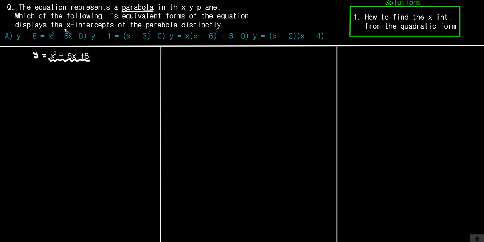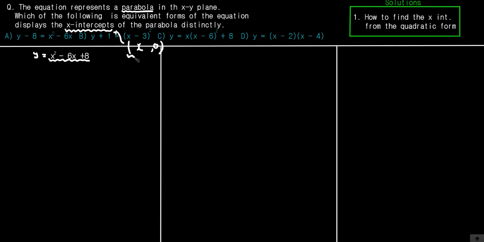First of all, let's think about what an x-intercept is. If you think about the basic format, as you have learned in a lot of videos, the x-intercept is the case when the y value is equal to 0 and the x value exists.